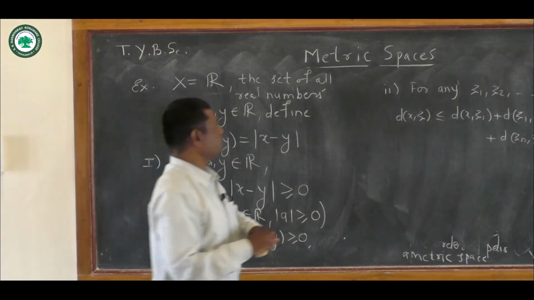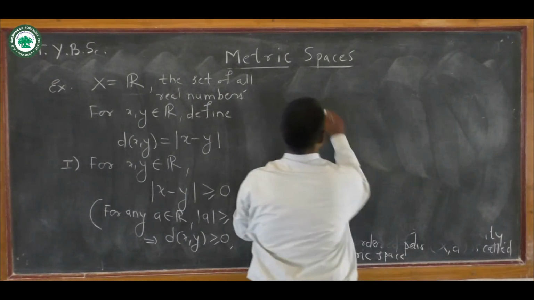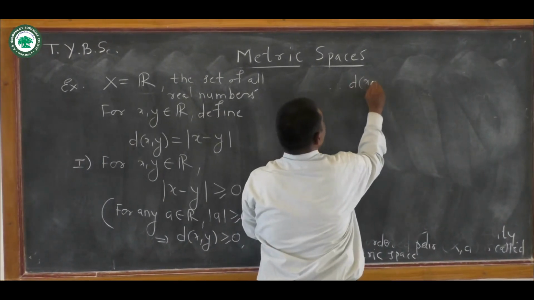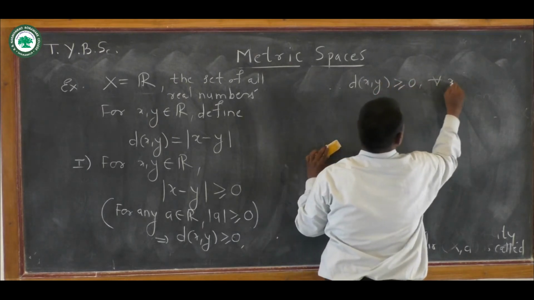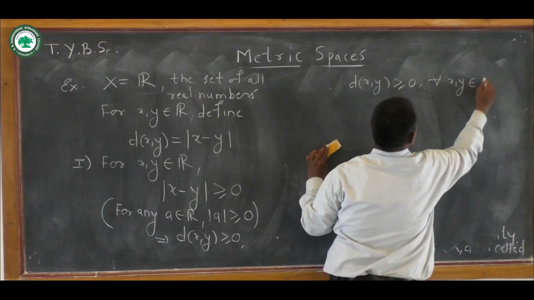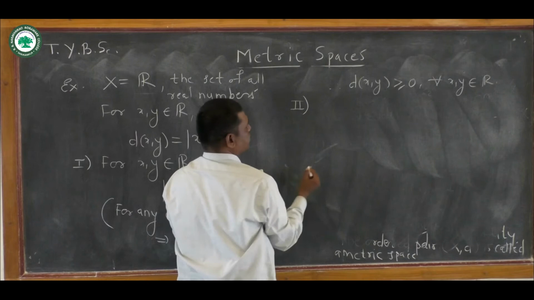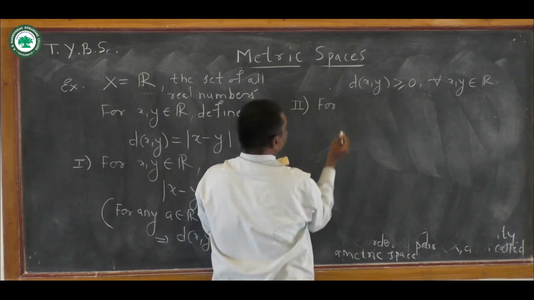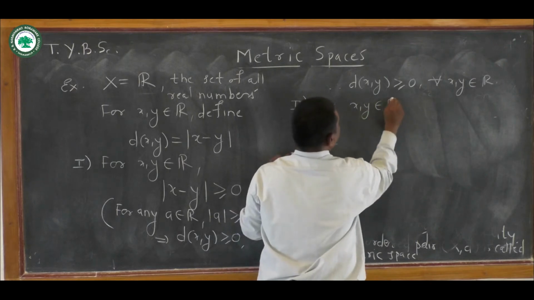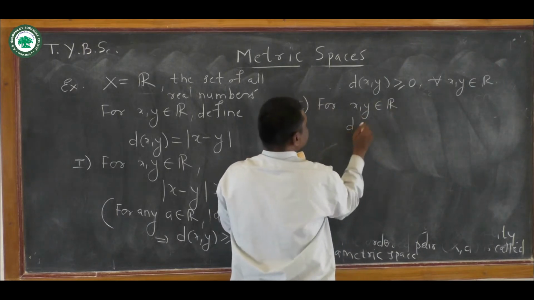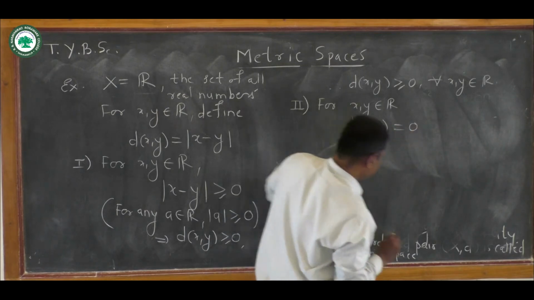Therefore D of x comma y is greater than or equal to 0 for all x and y belonging to R. Now we are going to check the second condition. We take 2 points x and y belonging to R such that the distance between x and y is equal to 0.